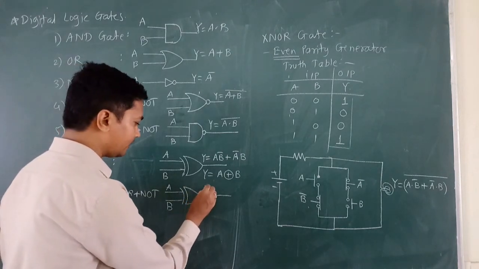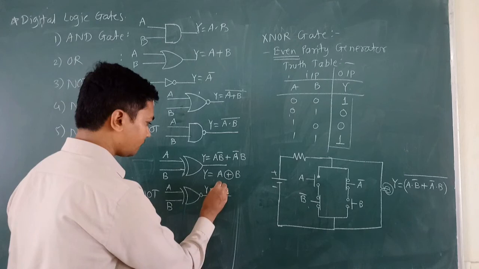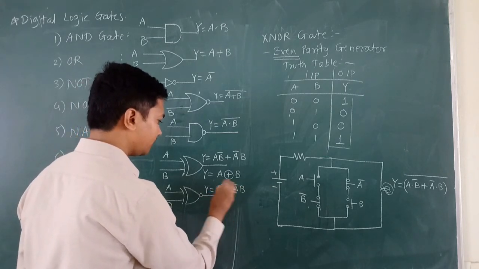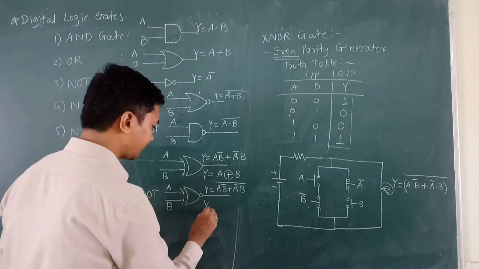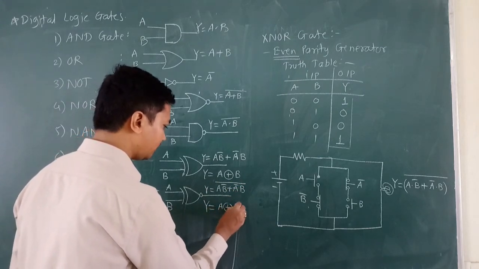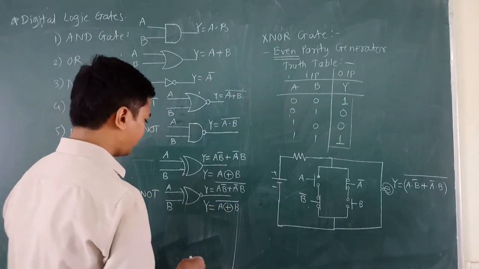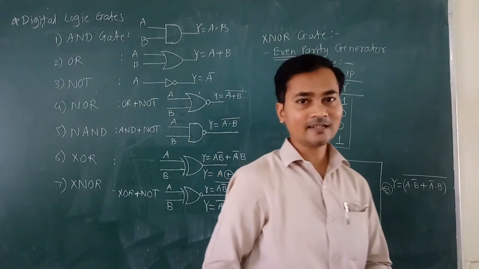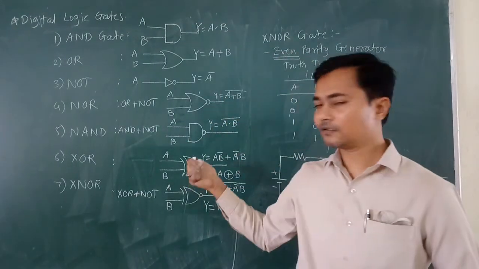So Y is equal to A B bar plus A bar B whole bar, or simply you can write here Y equal to A XOR B whole bar. Okay, so this is all about the logic gates operations and their symbols.